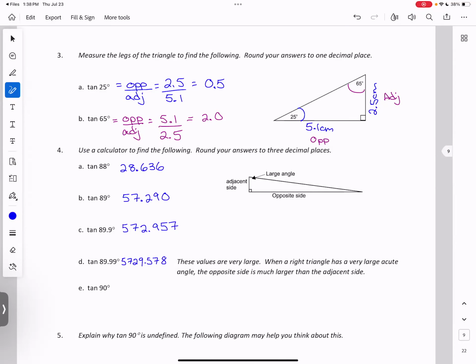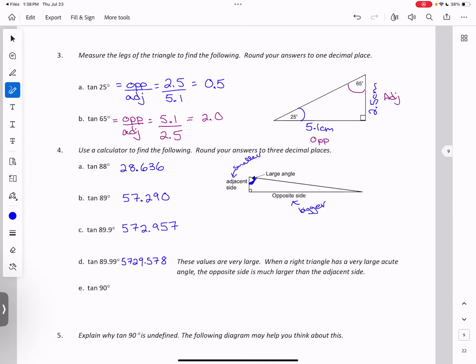And if you think about why, if you've got a really large angle, so this angle here, let's say that's our target angle, it just keeps getting bigger and bigger. The bigger it gets, the smaller this adjacent side is going to get, and the bigger the opposite side is going to get. So opposite over adjacent is going to be a really big number because you're going to have a big opposite side divided by a really small adjacent side.